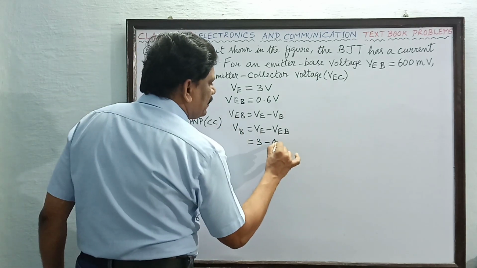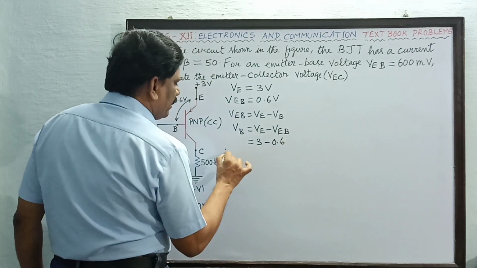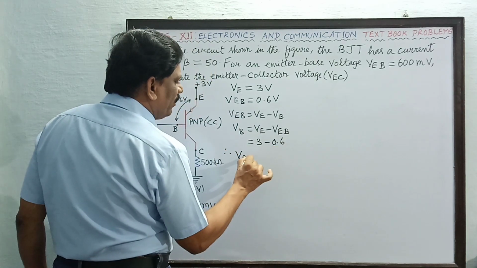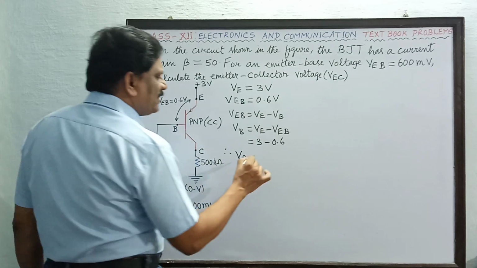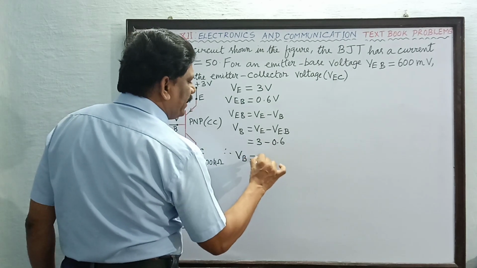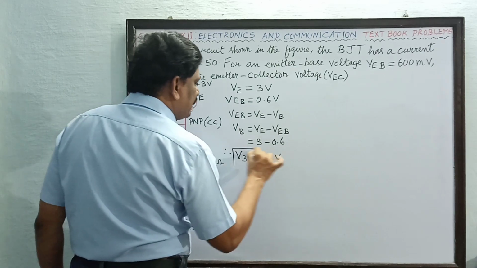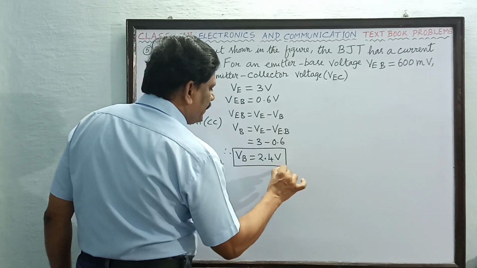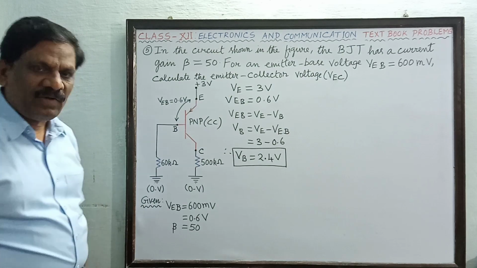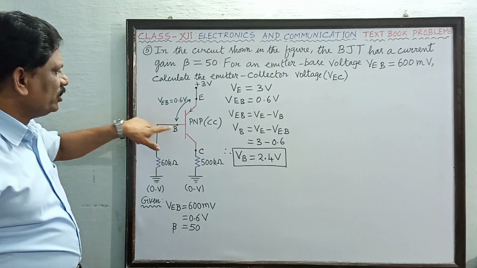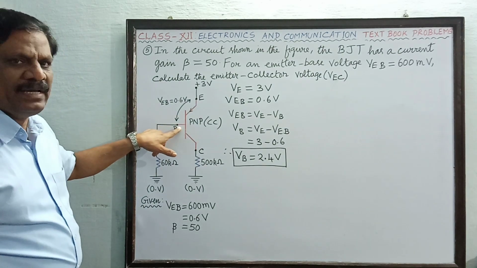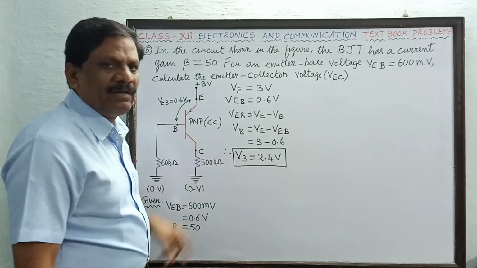So 3 minus 0.6. Therefore, the first information we have collected is that the base potential is 2.4 volt. So the potential at the base B is 2.4 volt.